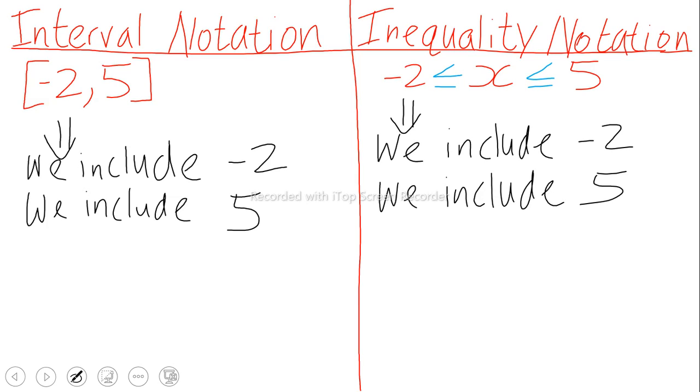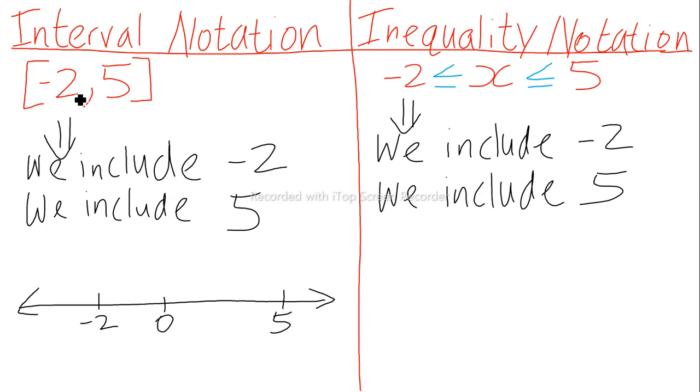So now let's draw the graph of this. We're going to draw it on the x-axis. We're going to place this -2 here, put a 0 so that we can get our bearings, and we're going to put 5. Now how are we going to do this in interval notation? Well, remember, square brackets. So this is going to be -2, square brackets here.